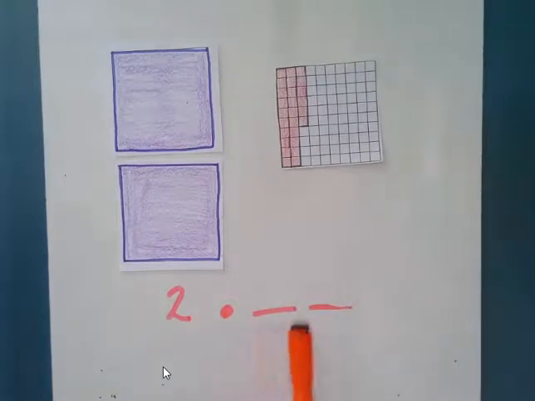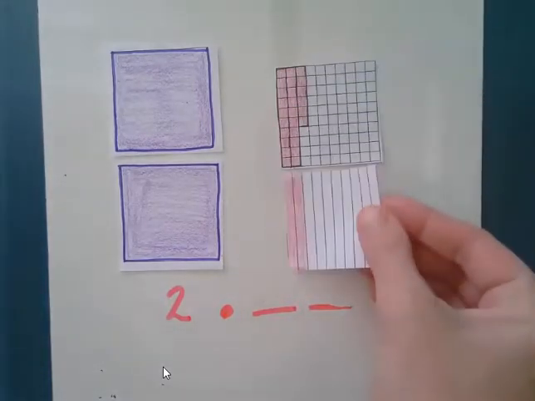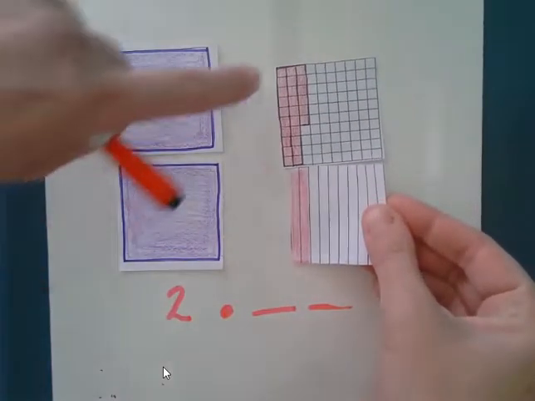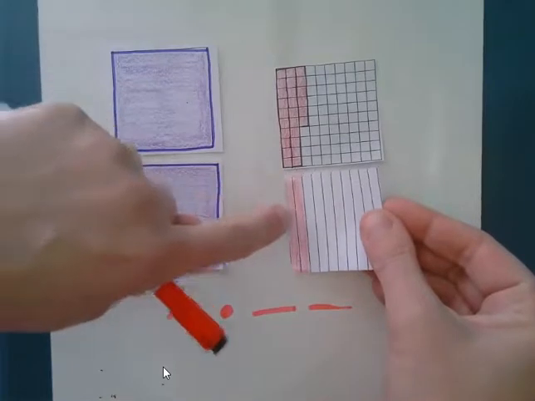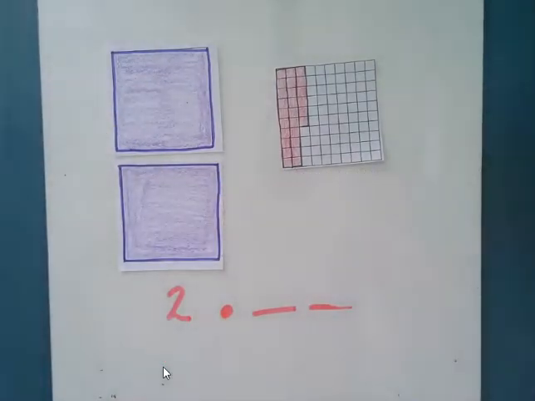Do I have any rows of 10 shaded in? Remember, a row of 10 would look like one complete row shaded in. So for example, this has 2 complete rows of 10 shaded in, just like this model. See how they match up? So I have 1 row, 2 rows, which is the exact same as this model. So that means I have 2 tenths.